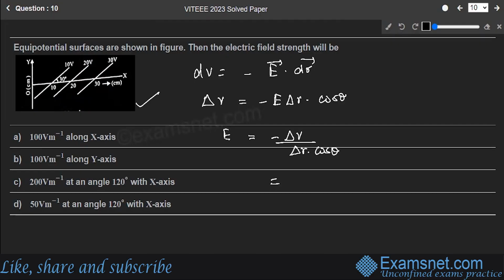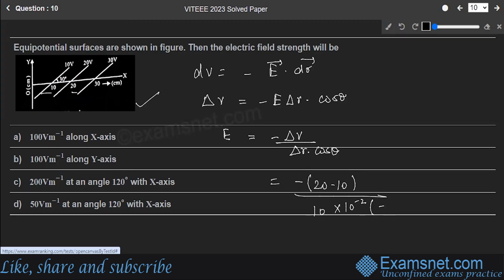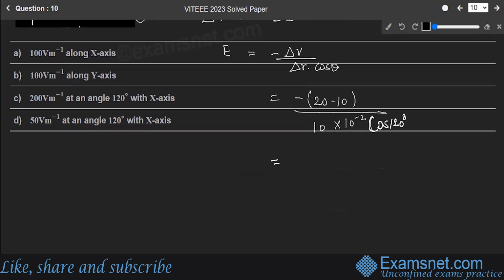Let's fill in the values. This is equal to minus (20 minus 10) upon delta R, which is 10 into 10 power minus 2, into, see, this is cos, not sine, cos of 120. So on solving, this is minus 10 upon 10 power minus 1 into cos 120.